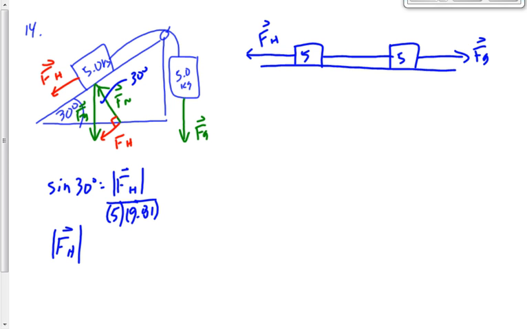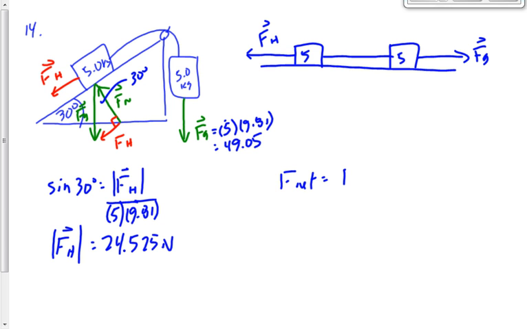Is that right? There's FH. The value of FG here is easy. It's 5 times 9.81. That's 49.05. All right. Net force is equal to the sum of the forces.